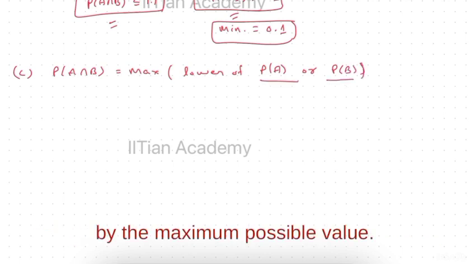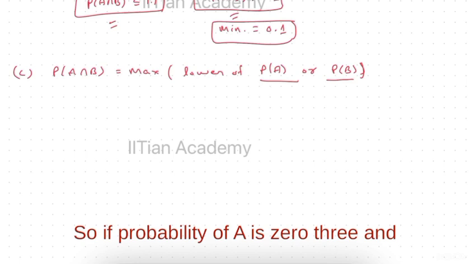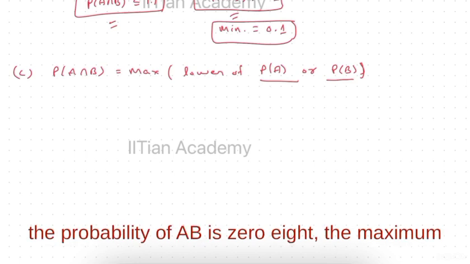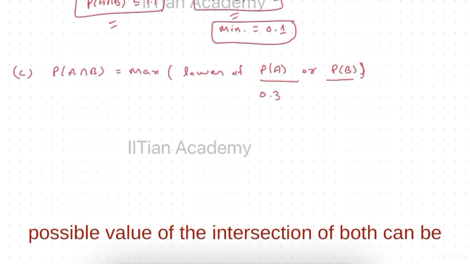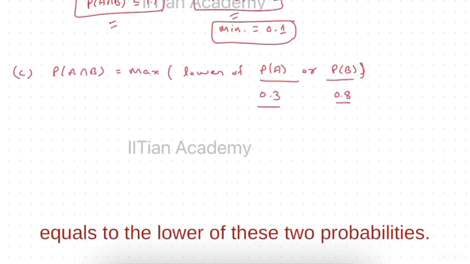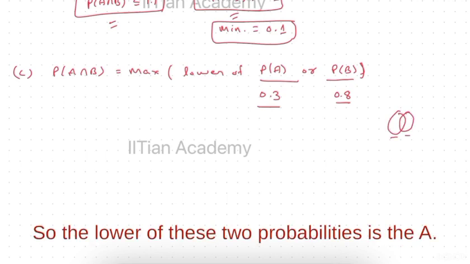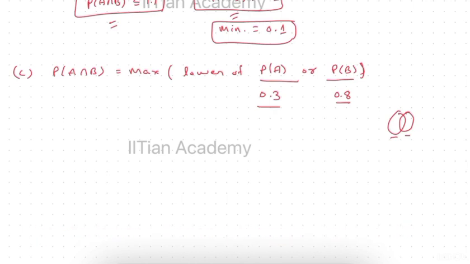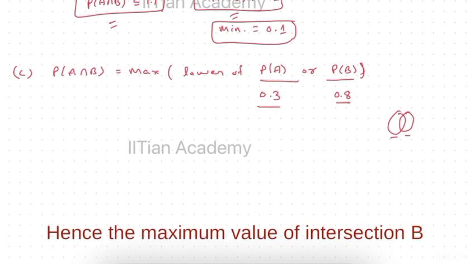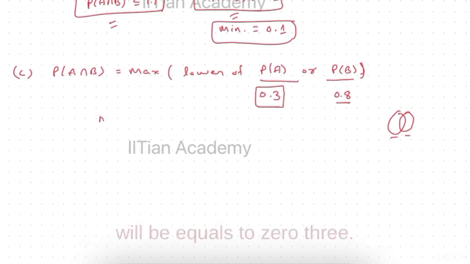So if the probability of A is 0.3 and the probability of B is 0.8, the maximum possible value of the intersection of both can be equal to the lower of these two probabilities. The lower of these is the probability of A. Hence the maximum value of A intersection B will be equal to 0.3.